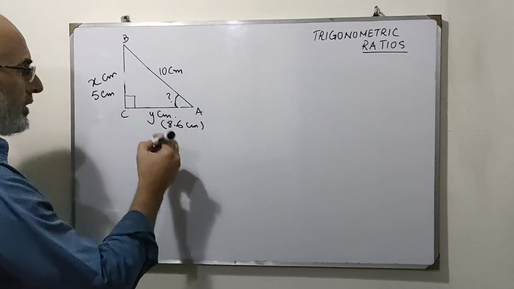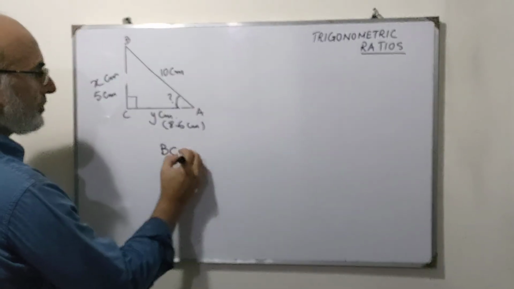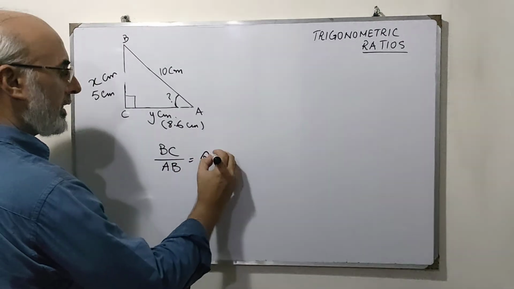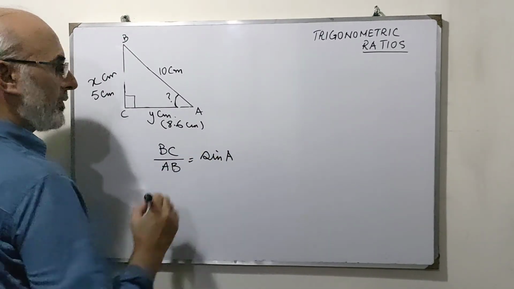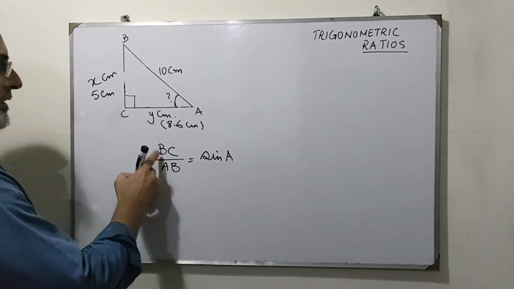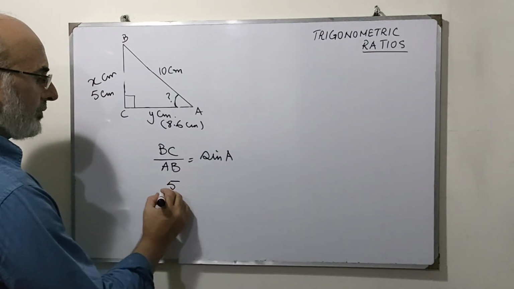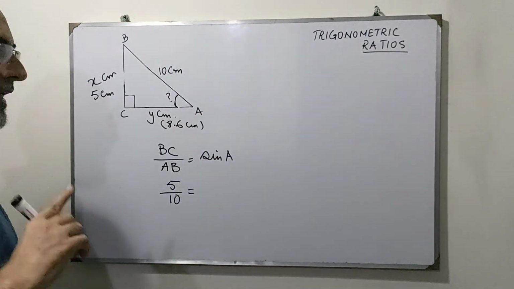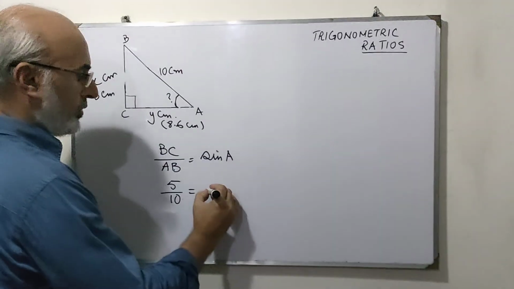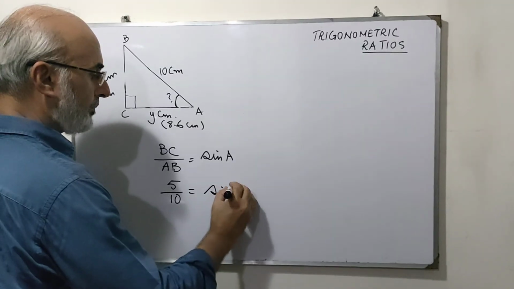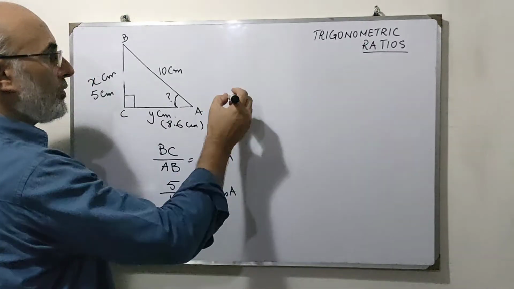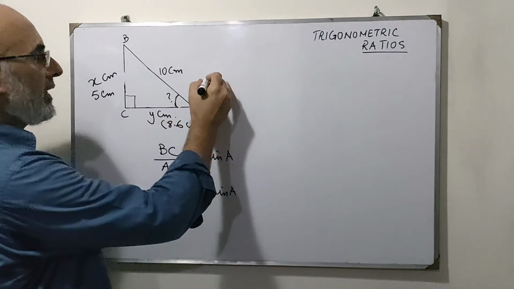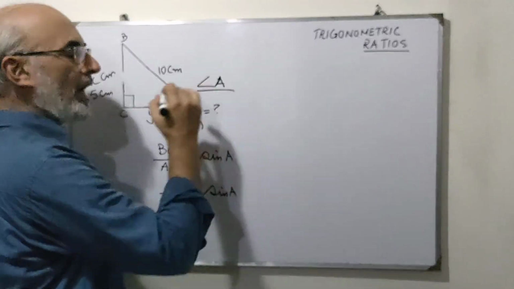Perpendicular over hypotenuse, which is BC over AB, is equal to sine A. Okay, this is 5, this is 10, and sine A is not known. But I need to know angle A.